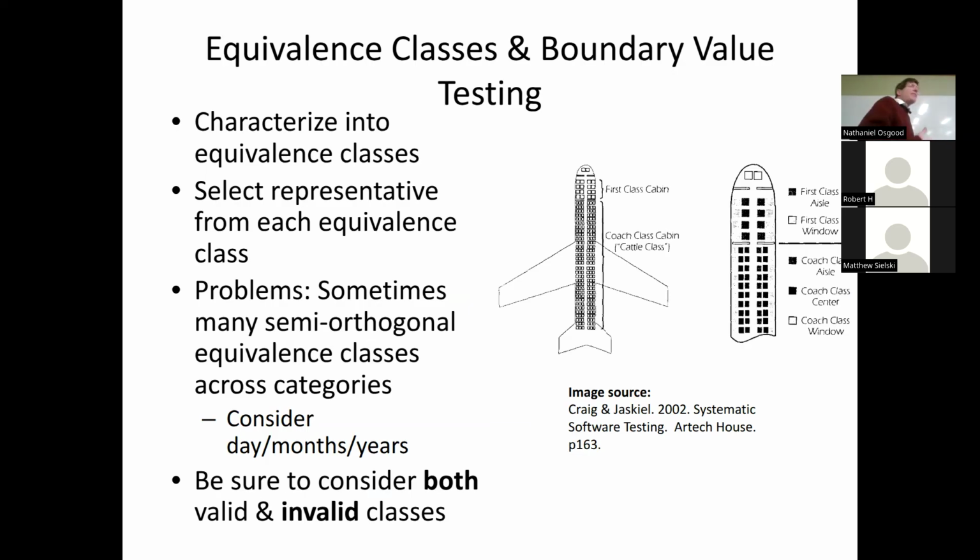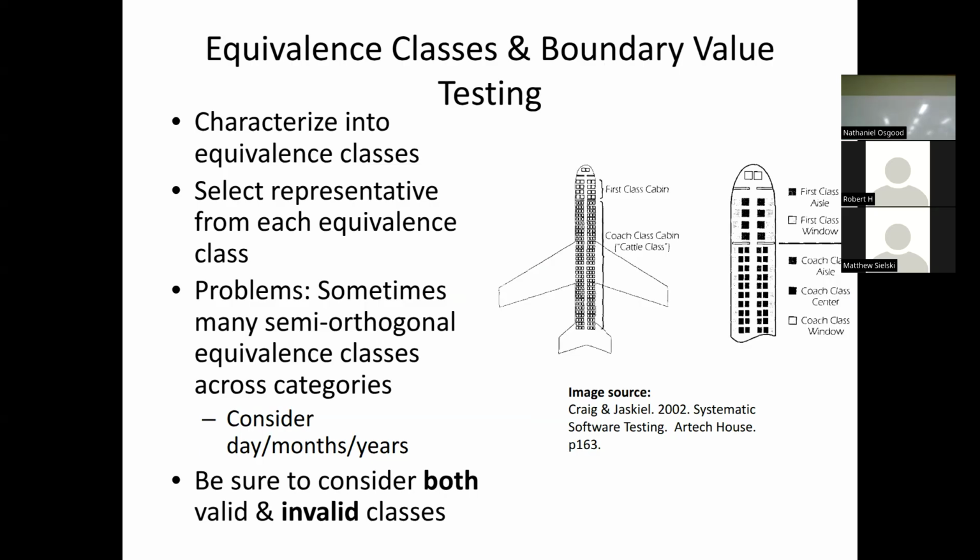exhibits behavior that falls into a couple different types. Maybe there's a correct type of behavior of a couple different sorts based on the types of input. It behaves in somewhat different ways. The behavior falls into certain categories, how it handles inputs. And then there's how it handles incorrect inputs, which is of great interest.